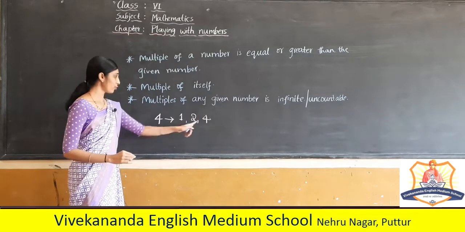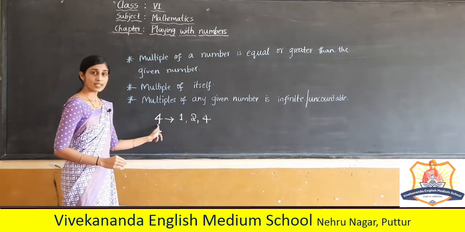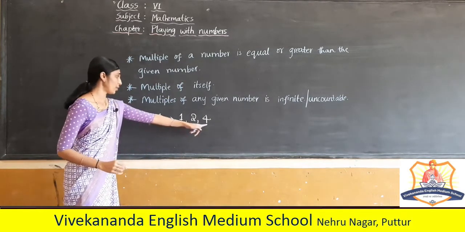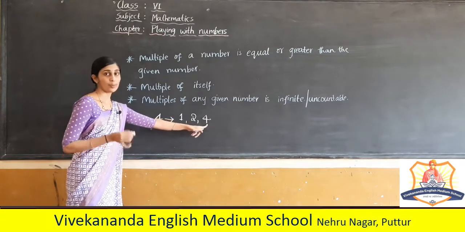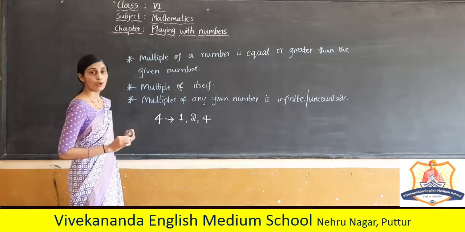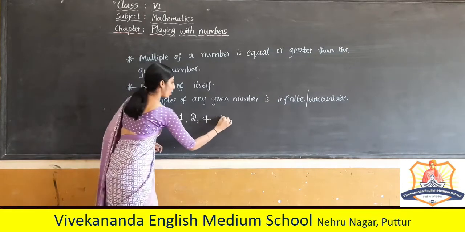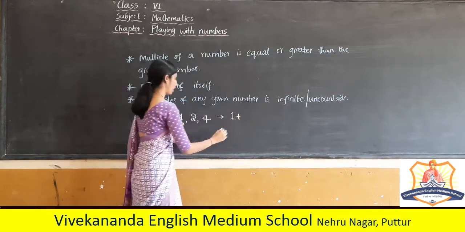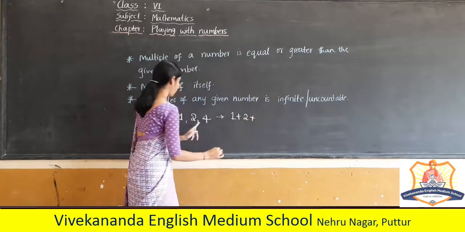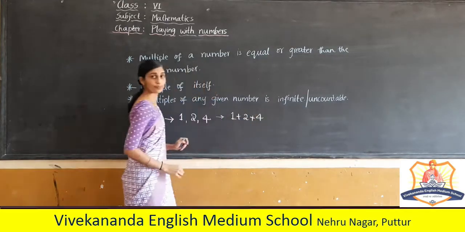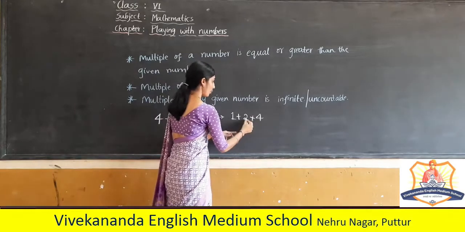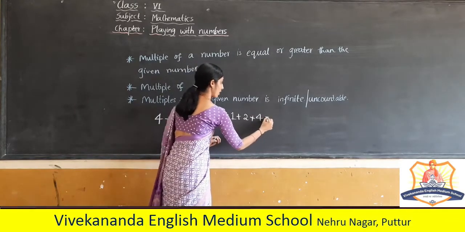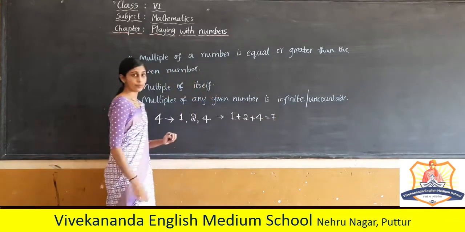I should stop at 4 itself because it is the largest factor of 4. The number itself is the largest factor of 4. If I add all these factors, let us see what will happen. 1 plus 2 plus 4. What is the answer? 4 plus 2 is 6. 6 plus 1 is 7.